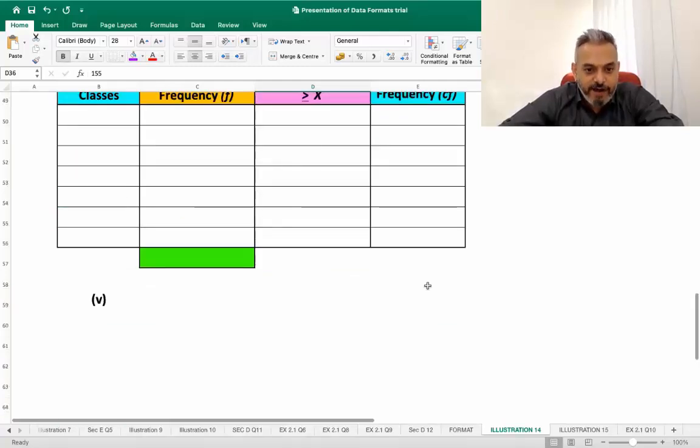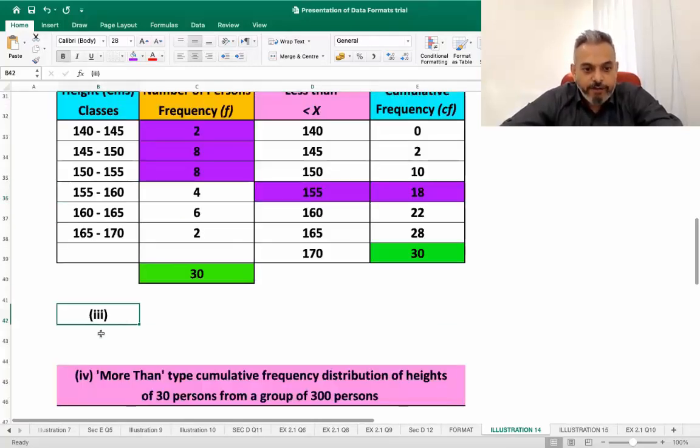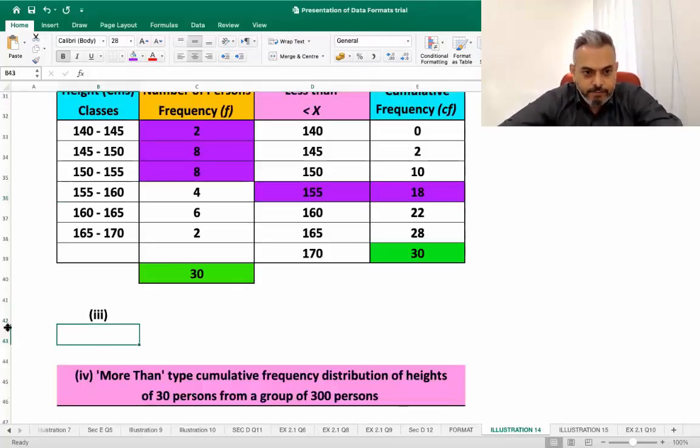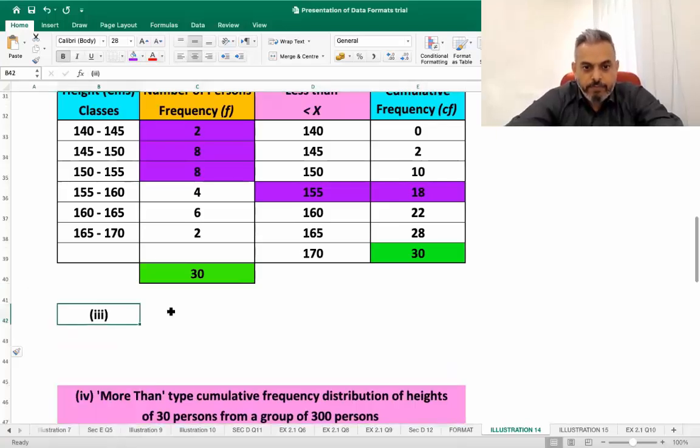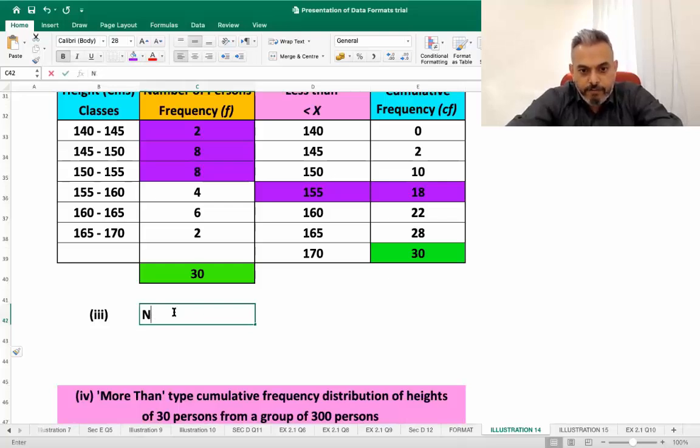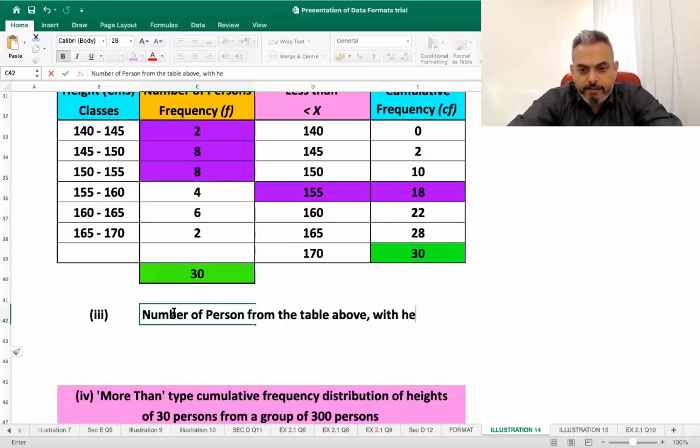So let's start writing over here for the third one. First we write number of persons from the table above with height less than 155 is equal to 18 persons.